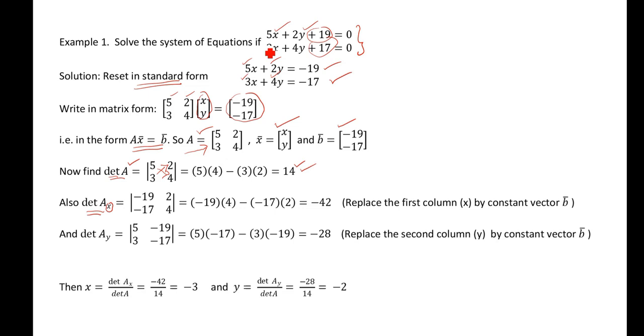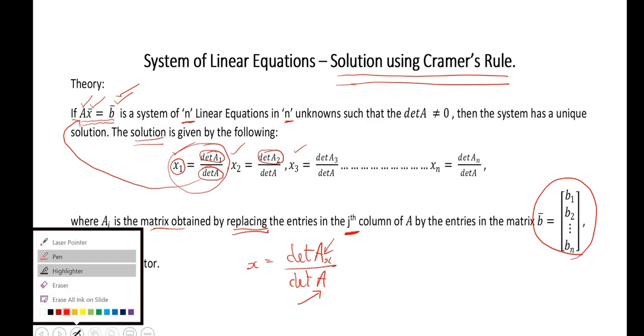And we know from the original equation that the first column is the x column. Therefore, the first column in A is 5, 3. So what is Ax? We remove that 5, 3.